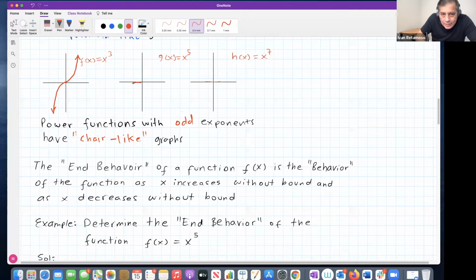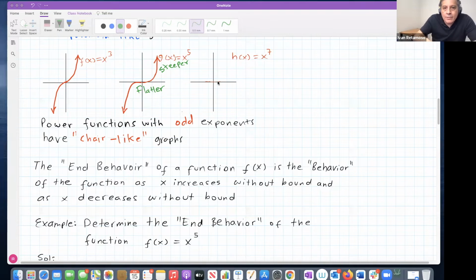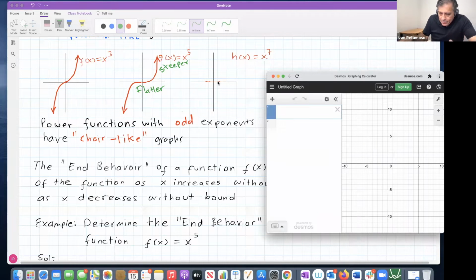Close to the origin, the chair-like graph will get flatter, and is steeper as you go away from the origin, right? Steeper. And again, use your free Desmos graphing calculator to confirm that.